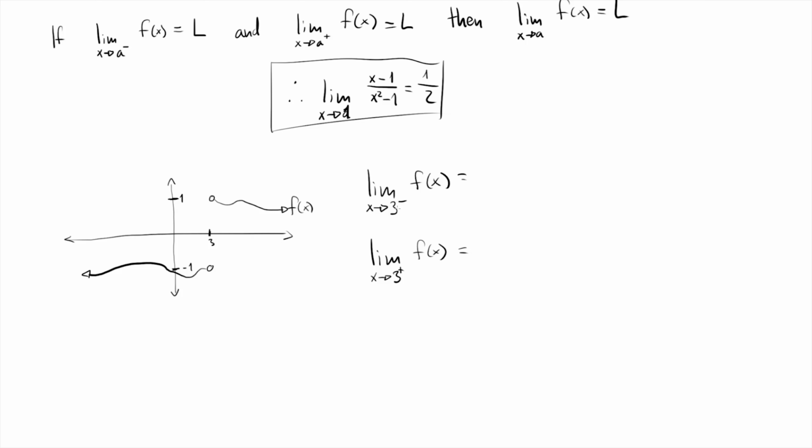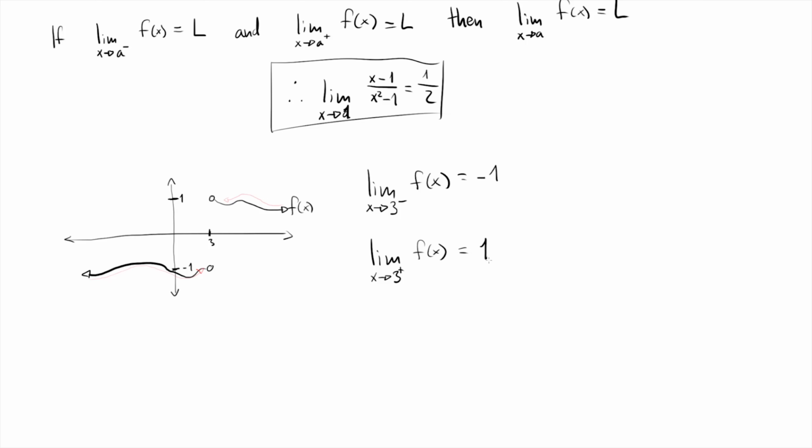And so what we can say here is the limit as x approaches 3 from the left-hand side of this function f of x, so remember that's this side going this way, gets closer and closer to -1. And the limit as we approach from the right-hand side, so that's going this way, our function gets closer and closer to +1.